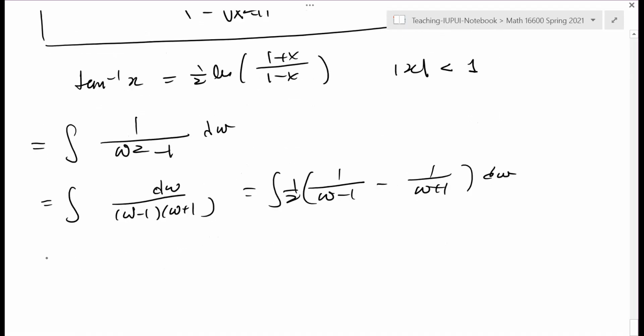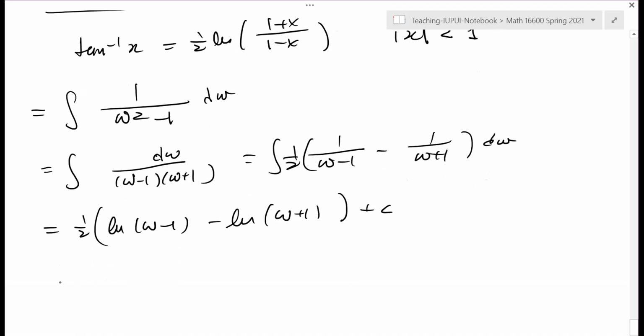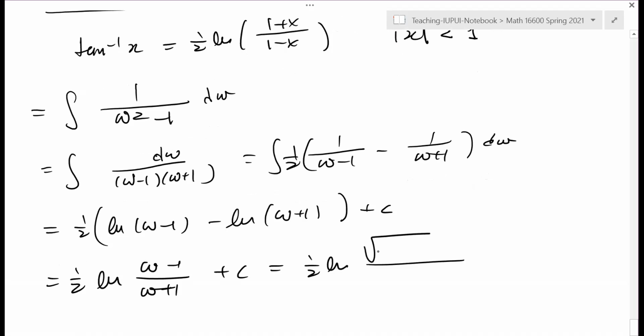Then you will see that it's going to be natural log of w minus 1, because w is greater than 1, we know that ahead of time, and w plus 1. Then you combine them, and it's going to be natural log, where w is the square root of x squared plus 1.